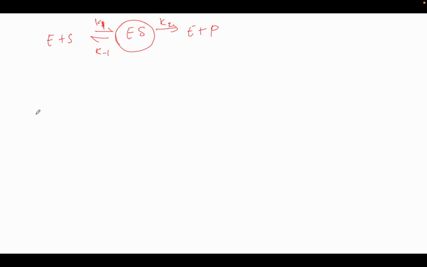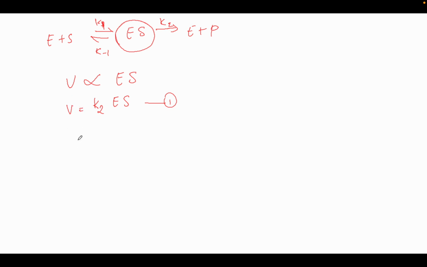Following the first assumption, the velocity of formation of product is directly proportional to the enzyme substrate complex. If a large amount of enzyme substrate complex is formed, it will get converted to product because there is no backward reaction here. So if we remove this proportionality, we add a rate constant. This is our first equation.